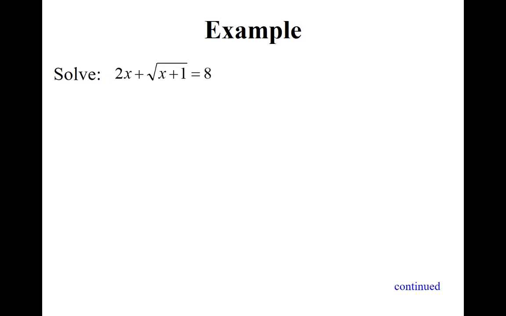Well, here we don't have the radical by itself yet. We can subtract 2x from both sides, though, to get the radical by itself. Now we want to square both sides, being careful when we square the right side to FOIL with itself or use the special formula for multiplication.